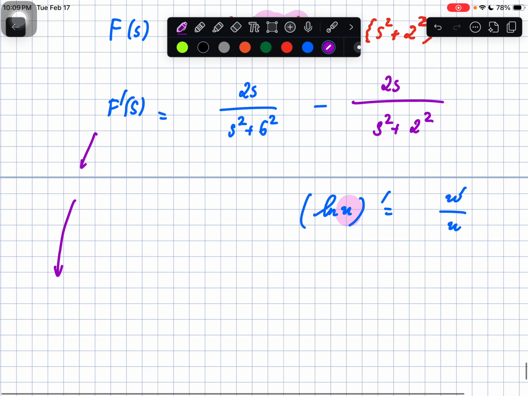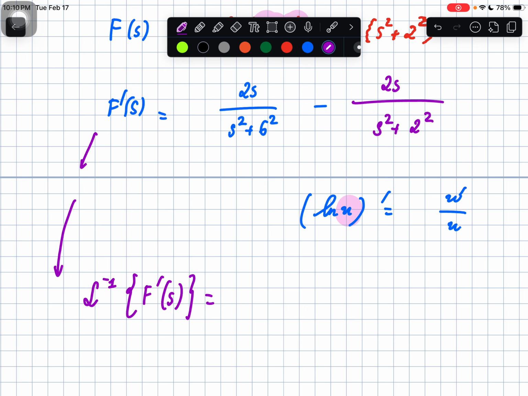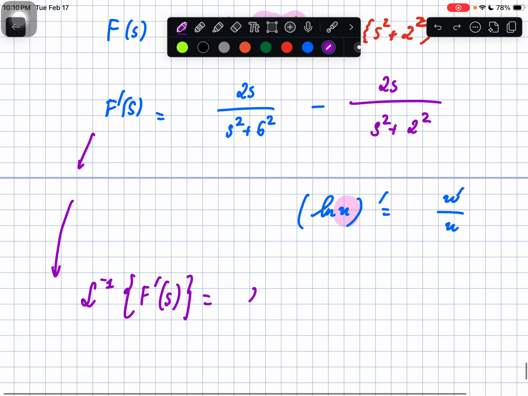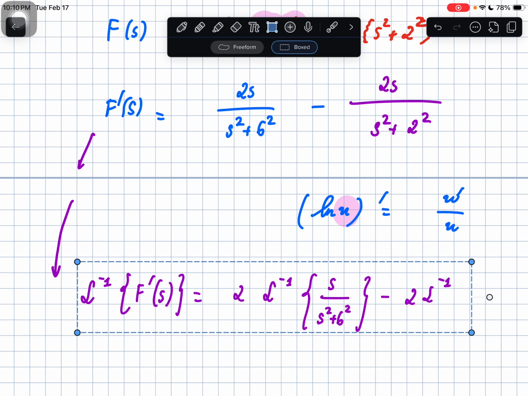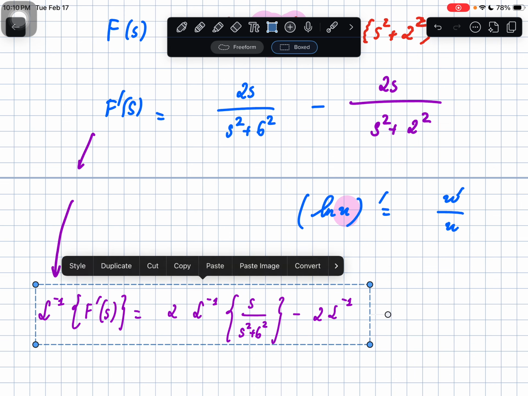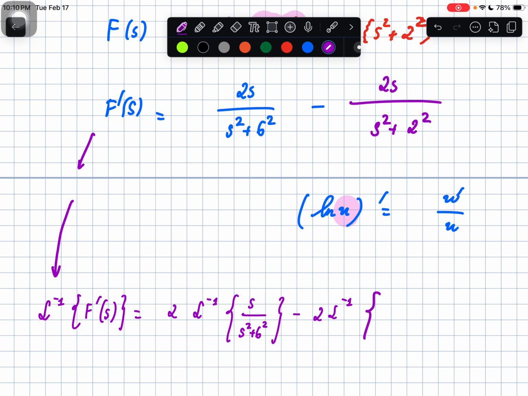The inverse transform of F prime(s) is 2 times the inverse transform of s over s squared plus 6 squared, minus 2 times the inverse transform of s over s squared plus 2 squared.